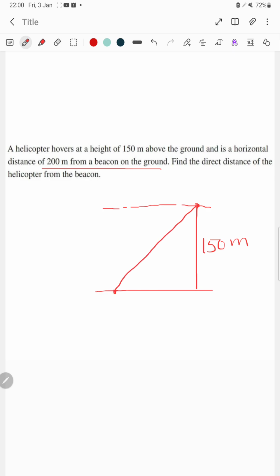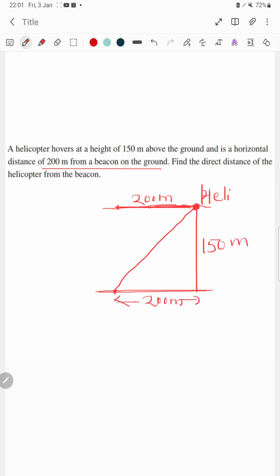And from here, this is the position of the helicopter, and its horizontal distance, the distance in the horizontal direction, is 200 meters. So this value is also 200 meters.